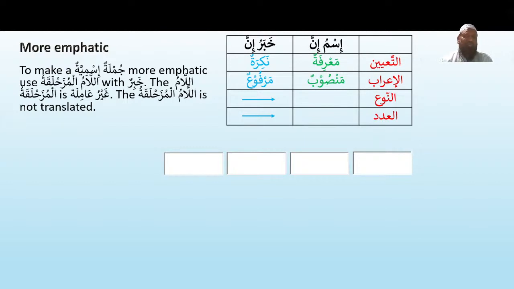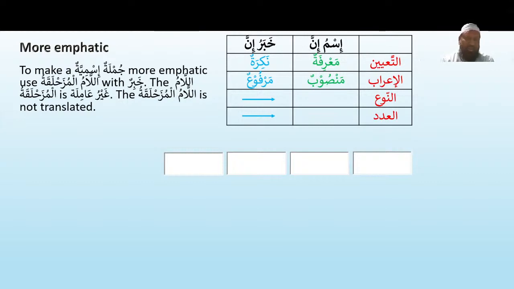To make a jumla ismiya more emphatic, use al-lamul muzahlaqatu. This lam has changed its name because it's going with the khabar. It is called al-lamul muzahlaqatu, used with khabar. The al-lamul muzahlaqatu is ghayru amila.